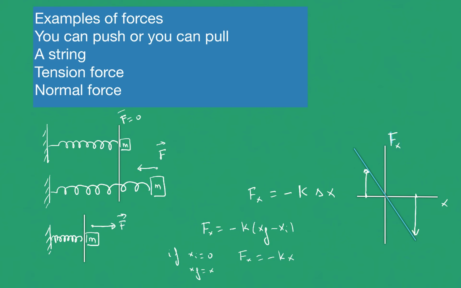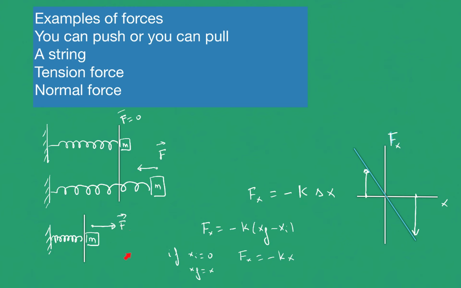So when you study a spring like this, when you displace it some amount, the spring will produce a force in the opposite direction of the displacement. The displacement goes to the right, the force goes to the left. This is the equilibrium position.